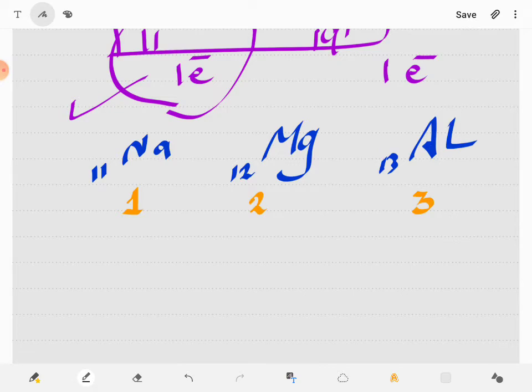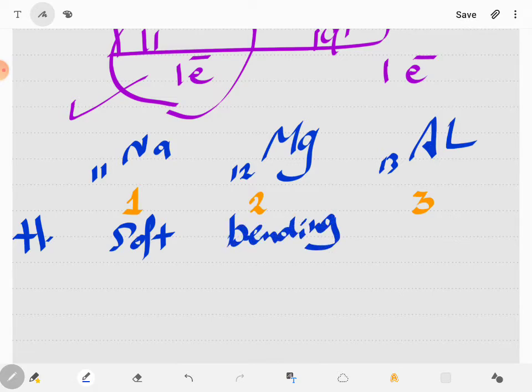I said it will affect the hardness. If I'm talking about hardness, what about the hardness of sodium compared to magnesium and aluminum? The hardness of sodium, I'll say soft. But what about magnesium? Magnesium, we call it bending, meaning easy to twist.